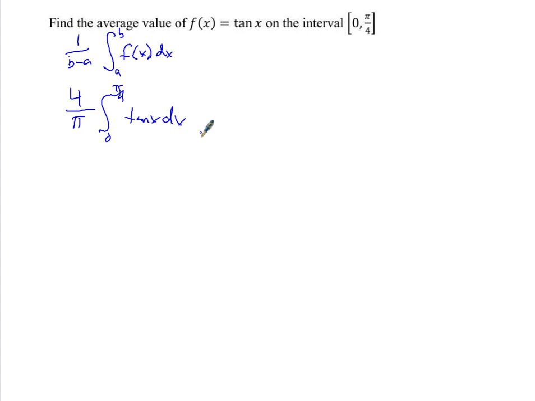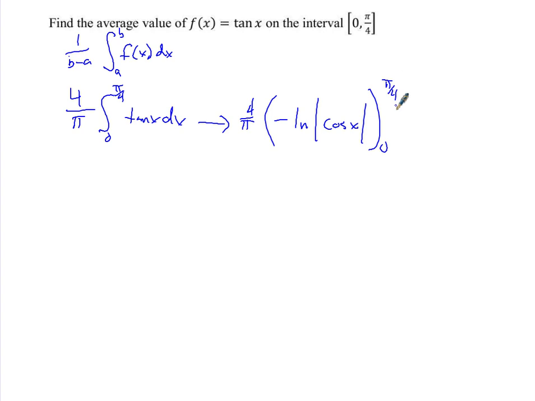Hey, we do know what that integral is. It's negative natural log of the absolute value of cosine x, evaluated from 0 to pi over 4.